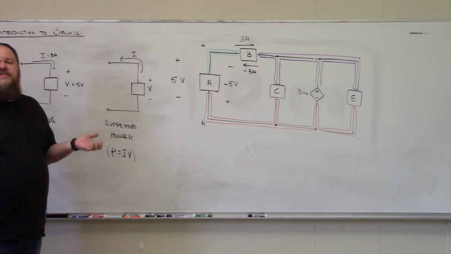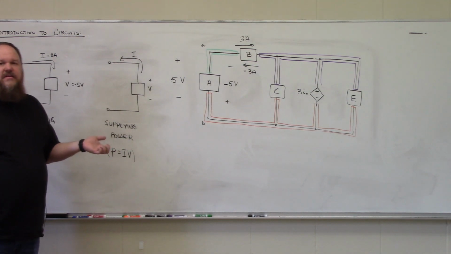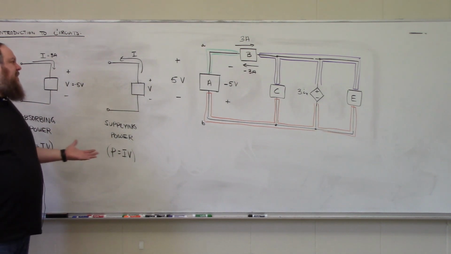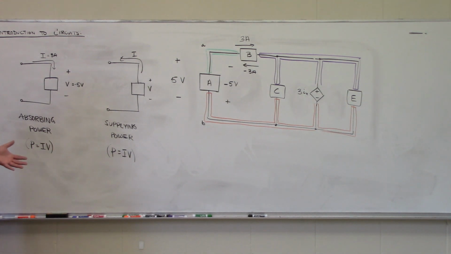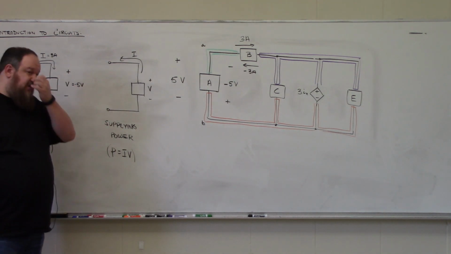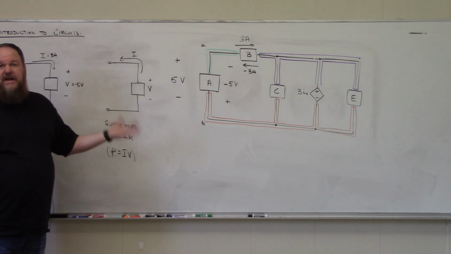On your exams and stuff like that, I'm going to give you problems where I ask you to tell me how much power is absorbed by element A or how much power is supplied by element C. And the first thing I'm going to do on those problems is put in boldface absorbed or supplied so that you know very specifically. I'm not trying to trick you or anything.